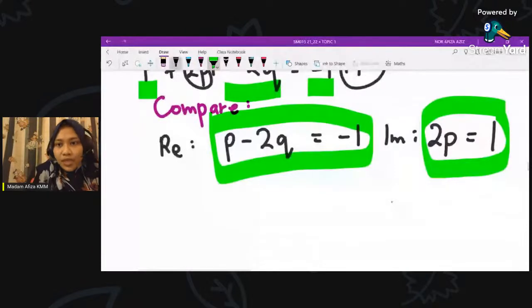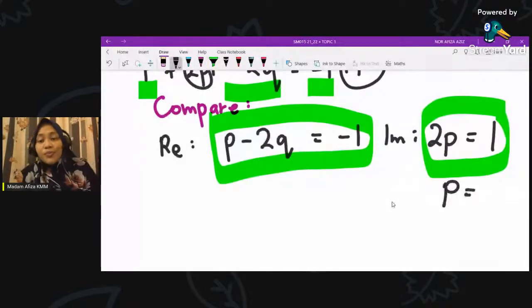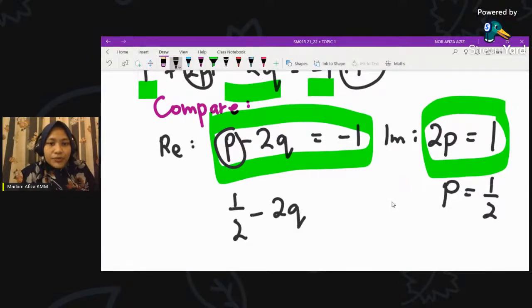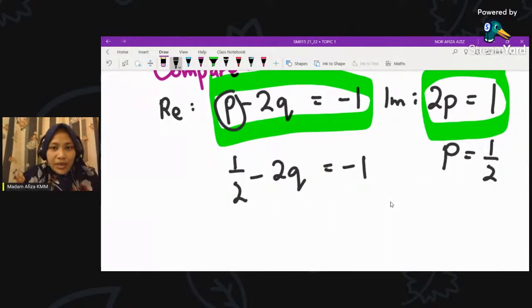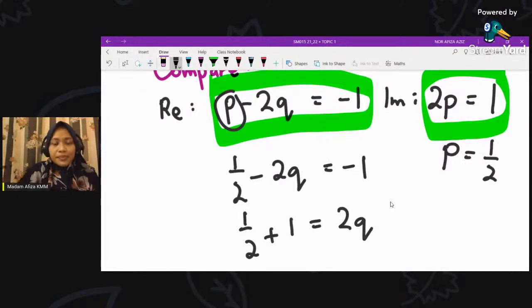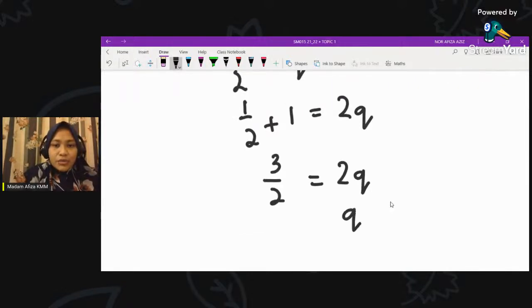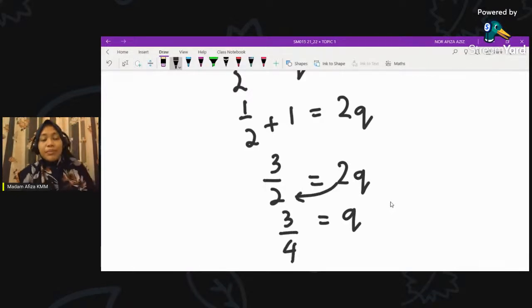So let me start with here. I can get p equals to 1 over 2. And then substitute in here. So I have 1 over 2 minus 2q equals to negative 1. Then we can have 1 over 2 plus 1 equals to 2q. 3 over 2 equals to 2q, hence q is equal to 3 over 4, because the 2 goes down to become over 4.